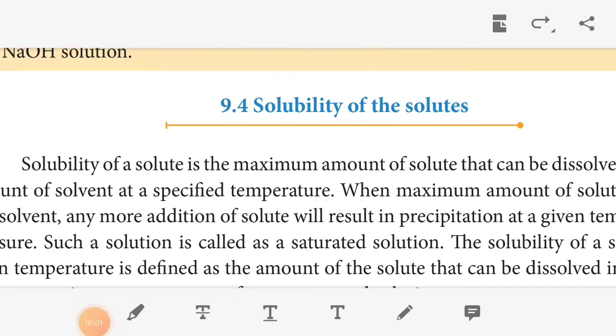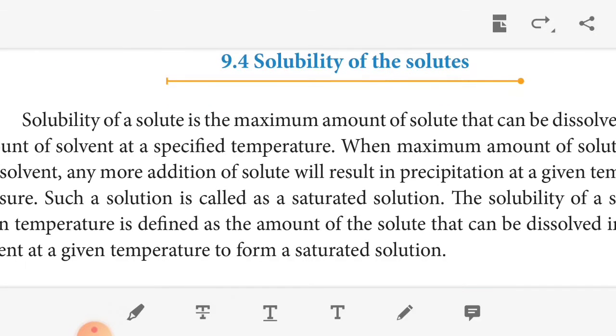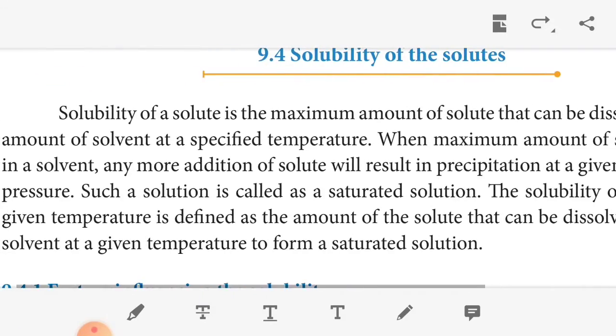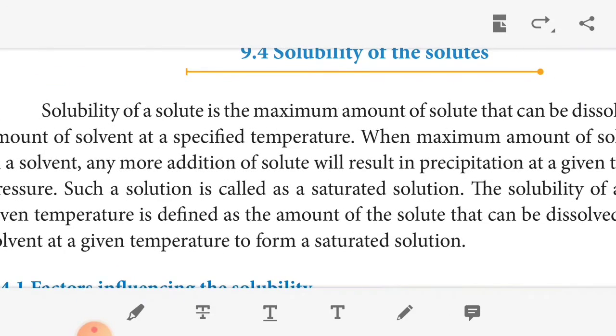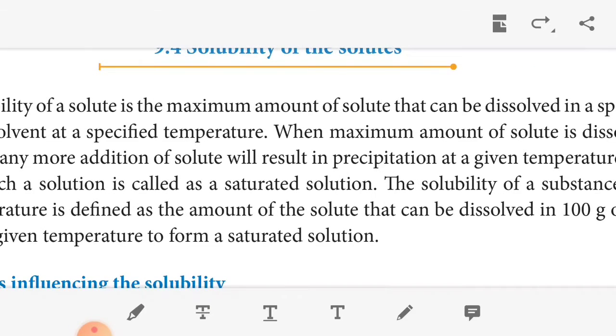The next topic is the solubility of solutes. So the solubility of a solute is what we are going to see. The solubility of a solute is the maximum amount of solute that can be dissolved in a specific amount of solvent at a specified temperature.